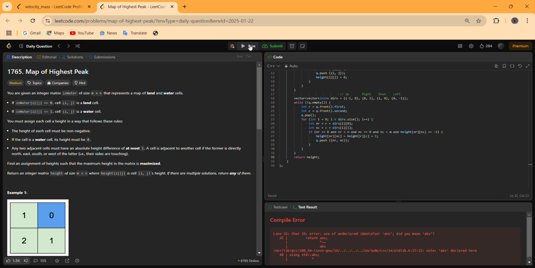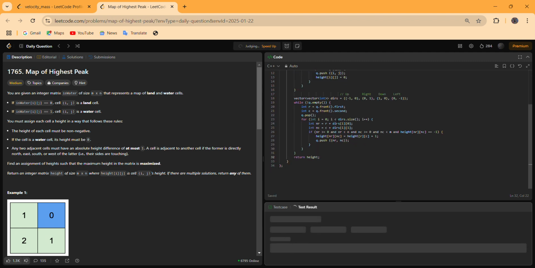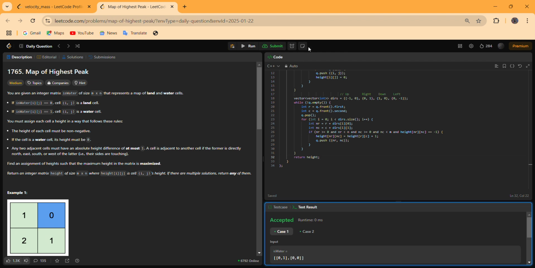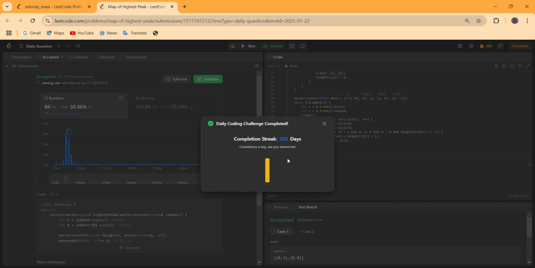Yes, it is running fine. Let's now submit that. Yes, it is running fine.